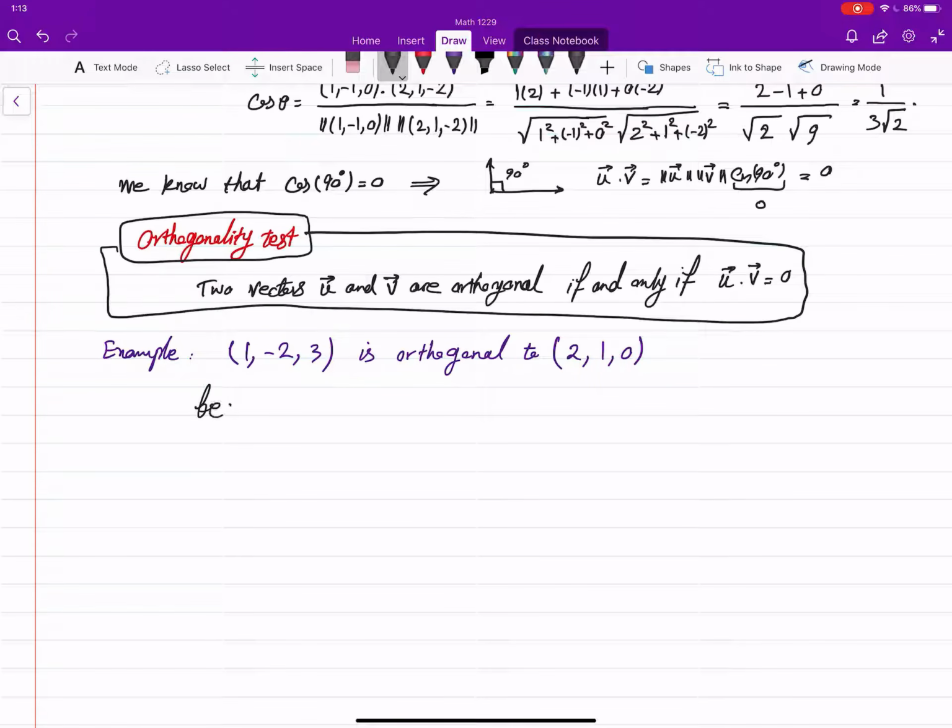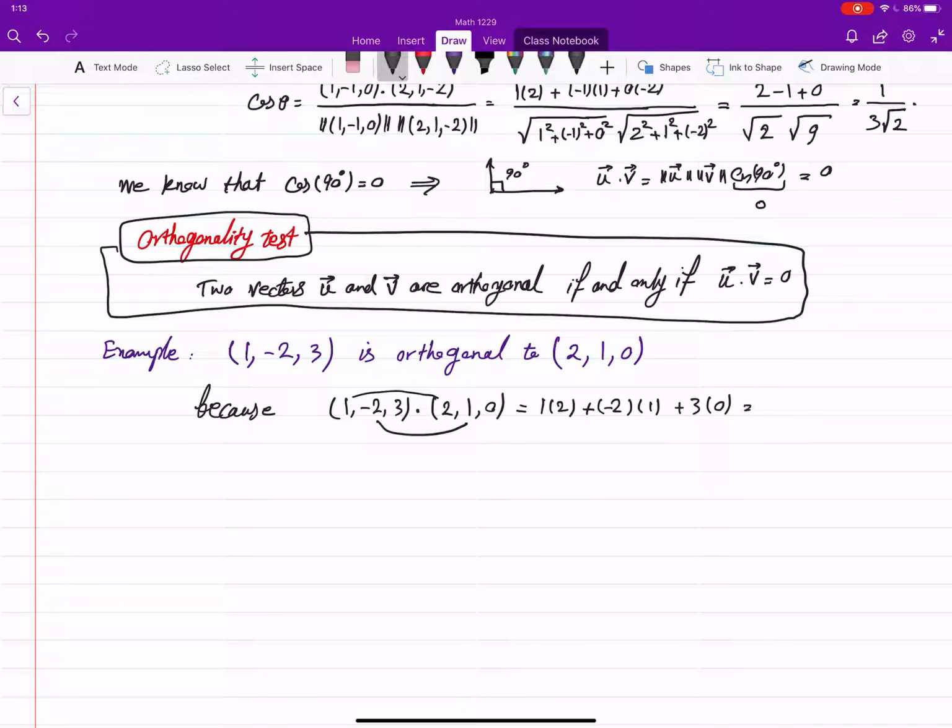Because when you find their dot product, you get 1 times 2 plus negative 2 times 1, then plus 3 times 0.